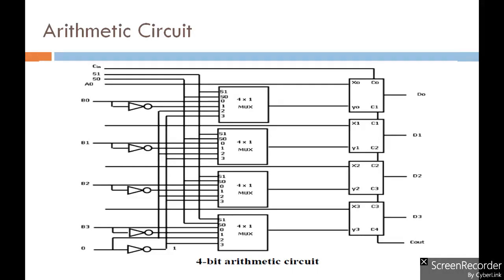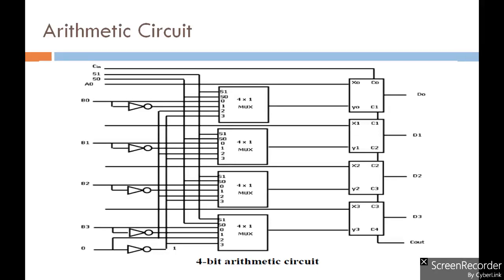Then from the figure we can also see that the second input of all the full adders is coming from the output line of the multiplexers. So here the multiplexer is used to choose among the different alternatives. Okay, so now we will see which inputs are given to the multiplexer.